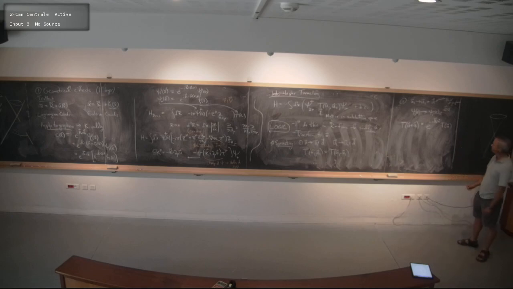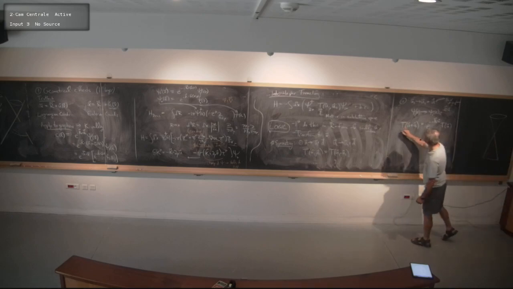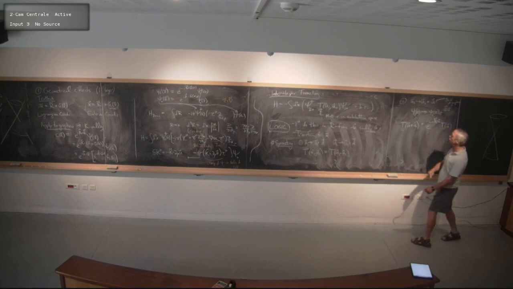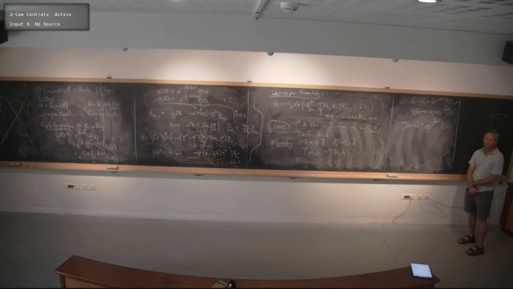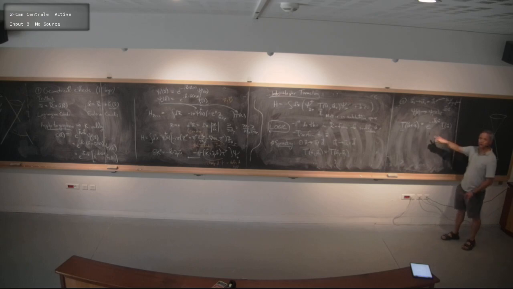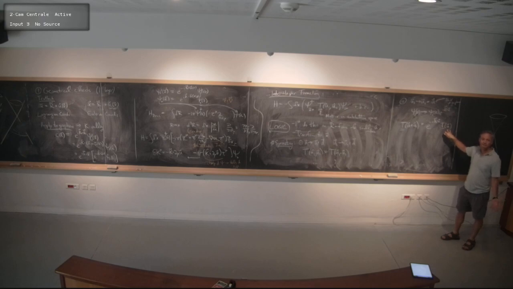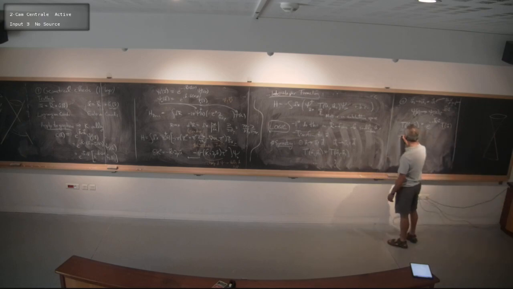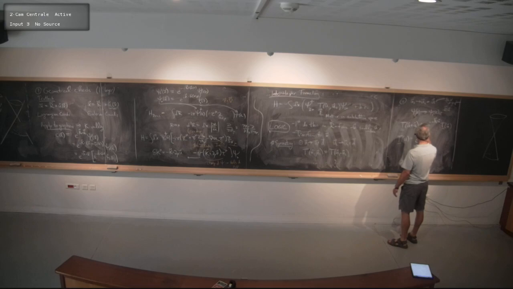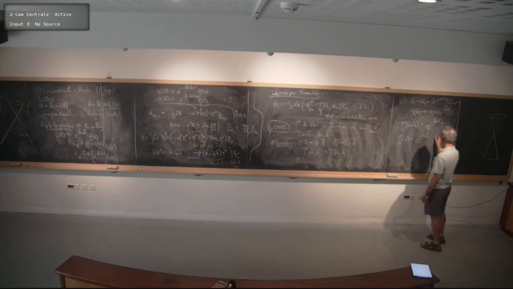Remember, this is a matrix. Double bar means matrix. So this is a kind of equation we're familiar with in solid state physics. This is basically like a Bloch requirement. So this tells you that T of U is a plane wave times a periodic function. So this implies that T of U is e to the minus I k dot U times a periodic function.